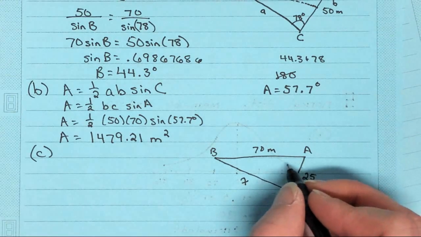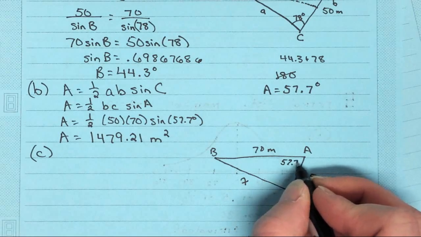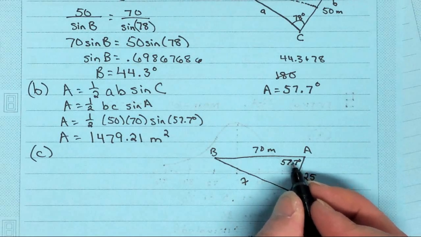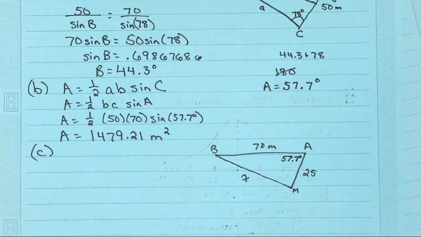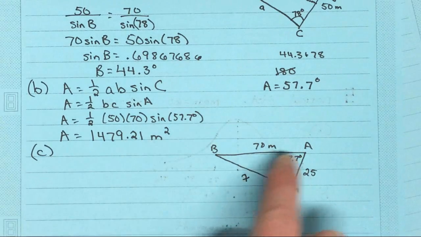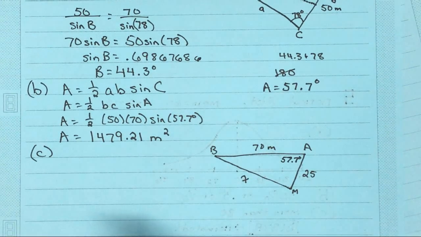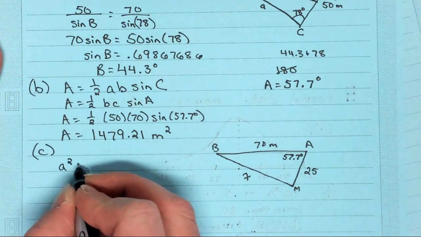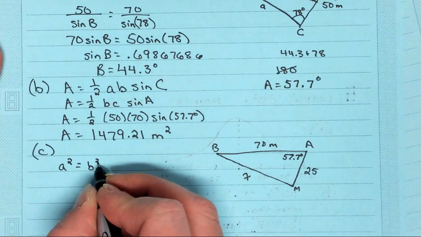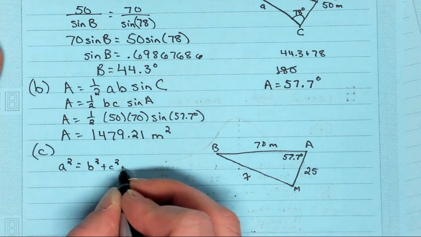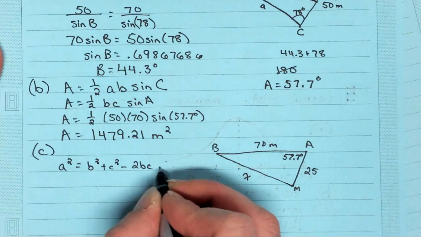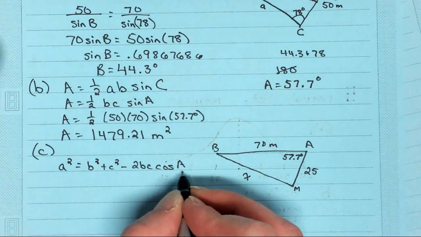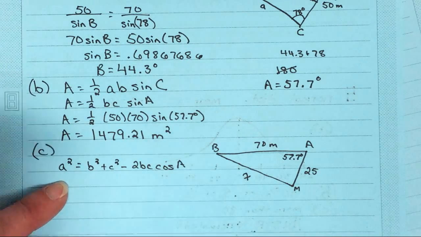To use the cosine rule, we have to know the angle across from the side we're looking for. Because it says, for little a squared, it's going to be little b squared plus little c squared minus 2bc cosine of A. I'm writing it directly down from your formula chart.